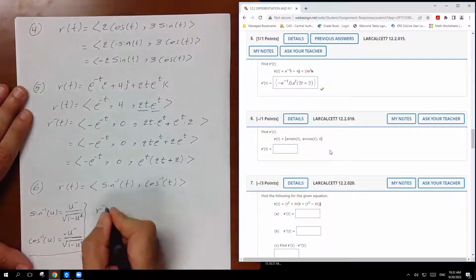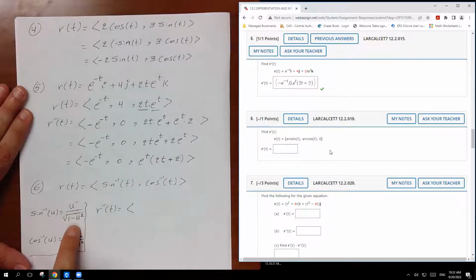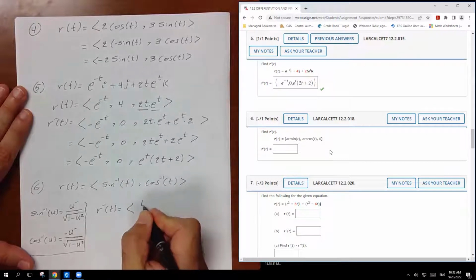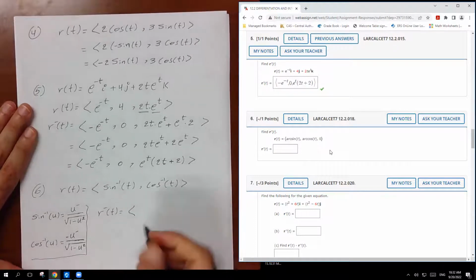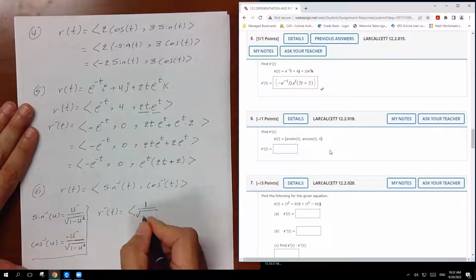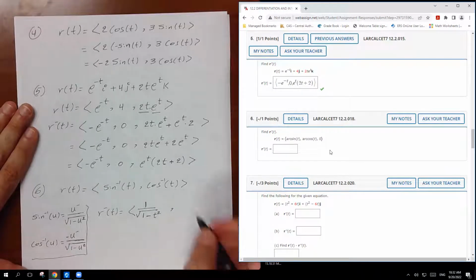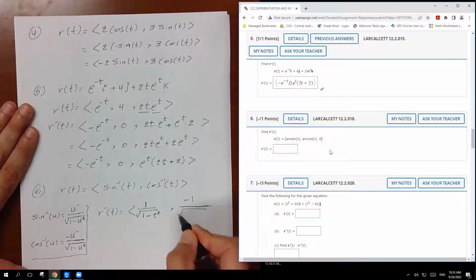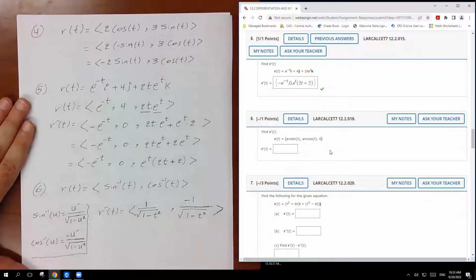Now to find the derivative for the first one, instead of u we have t, so it's t prime, which means 1, because the derivative of t is 1, then over square root of 1 minus t squared. And the cosine is going to be negative 1 over square root of 1 minus t squared. That's it. So keep these two rules in your mind.